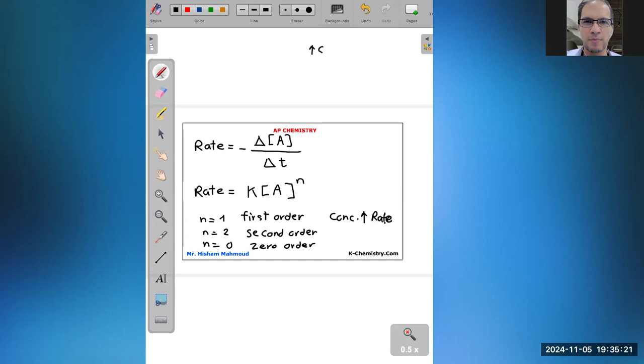So if you increase the concentration by 1 time, the rate will be also increased by 1 time. If the concentration is increased by multiplying it by 2, the rate of the reaction is going to be changed by multiplying it by 2. If you divide it by 3, it will be divided by 3, and so on.